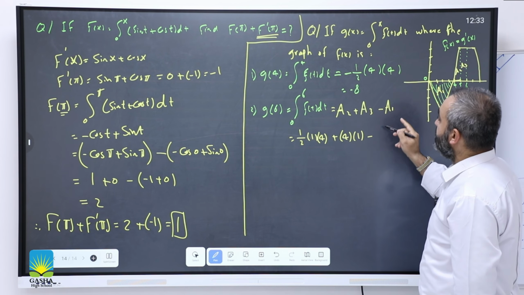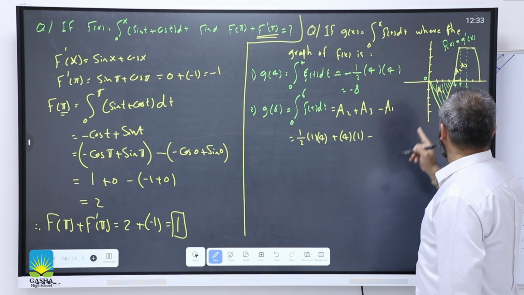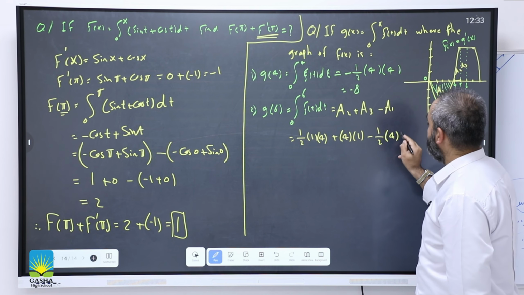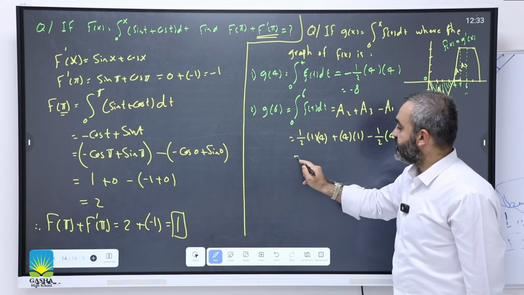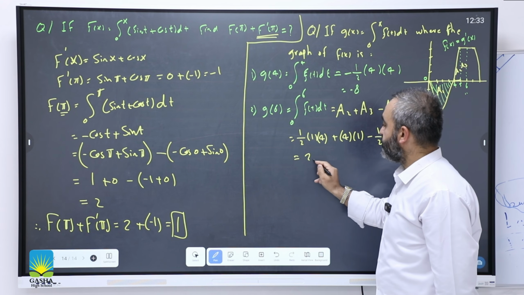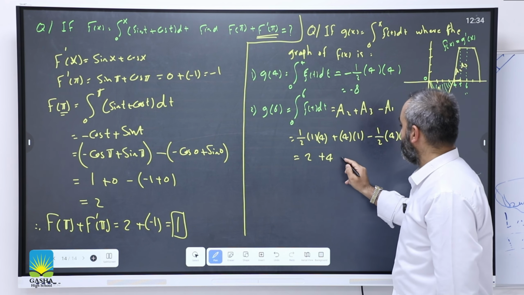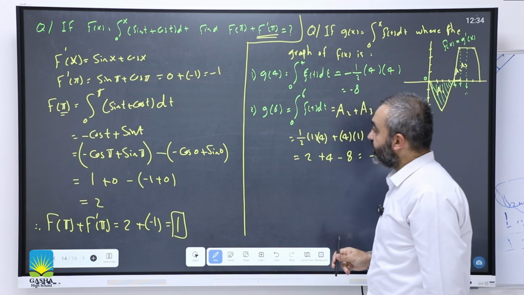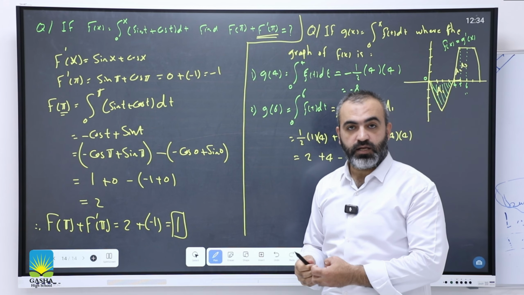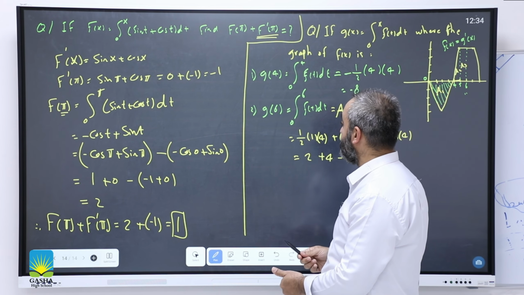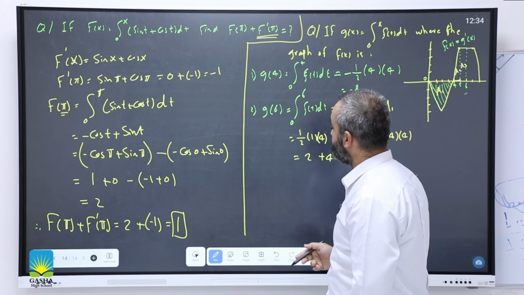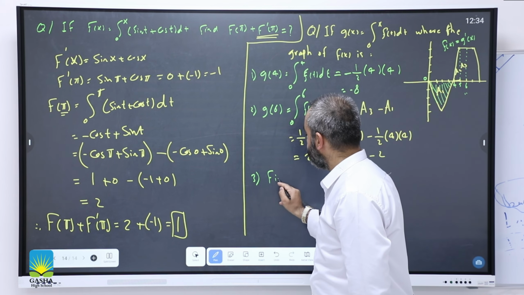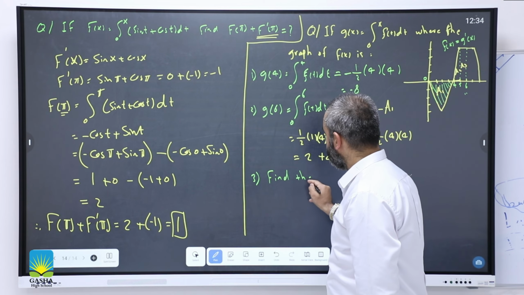A1 is also this G of 4. So A1 is 1/2 times 4 times 4. So it is 2 plus 4 minus 8. So it is -2.